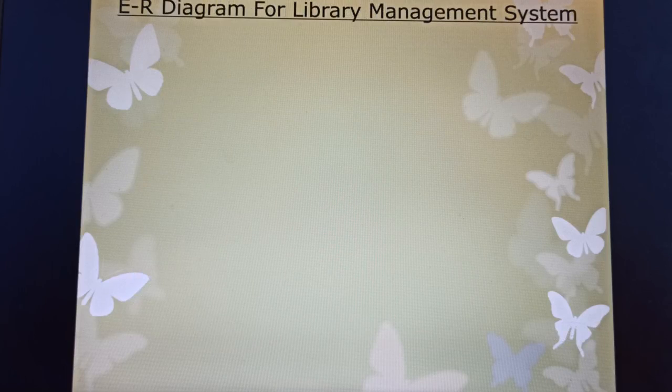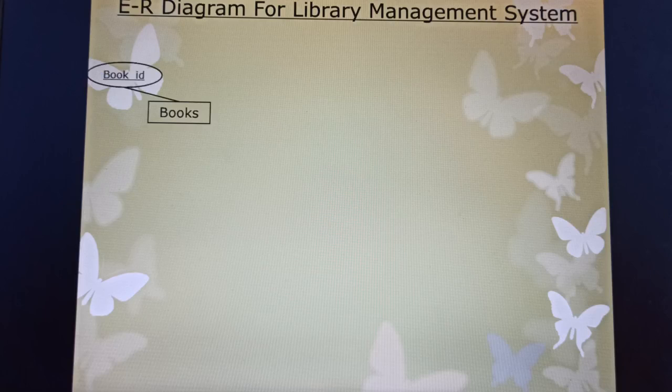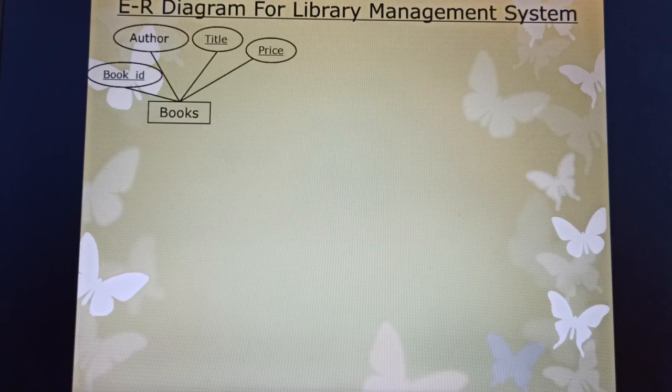Now let's take the example of a library management system. In that, first we have to identify entities. The first entity is books. Books are identified using book ID, author, title, price. The second entity is publisher.